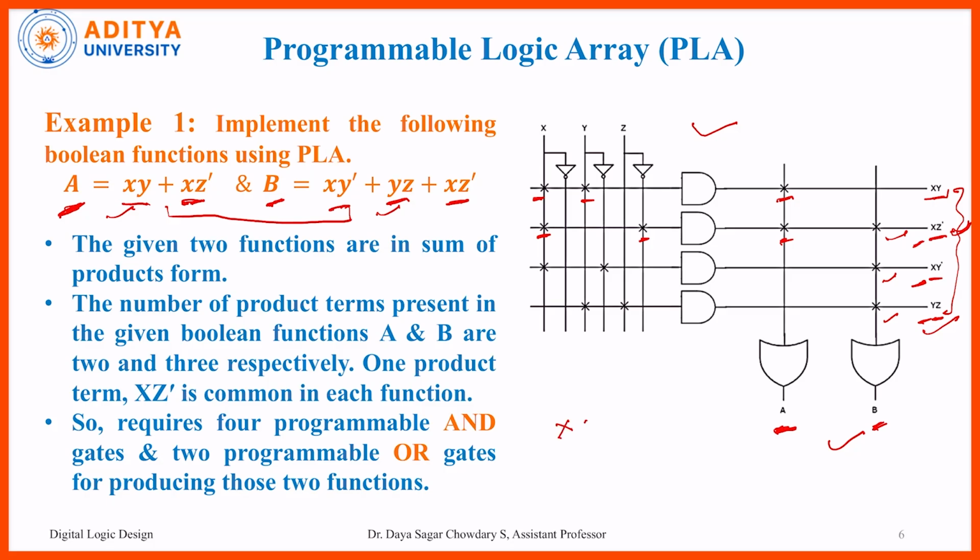This cross mark is nothing but the fuse. To represent the fuse we use this cross mark. Here we are using one fuse, and that is programmable. So that is connected. That is the concept of this particular PLA.